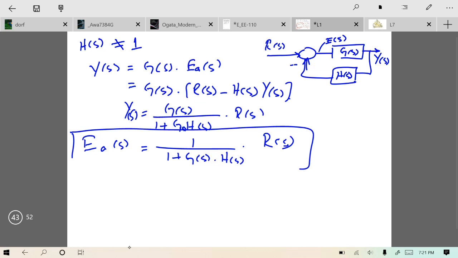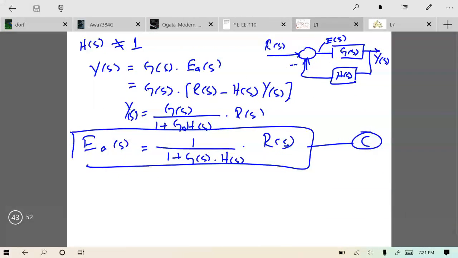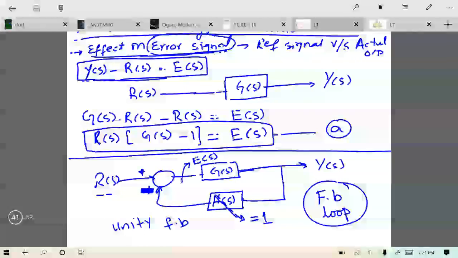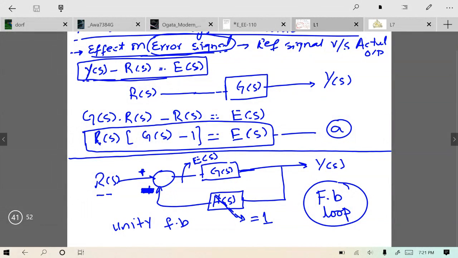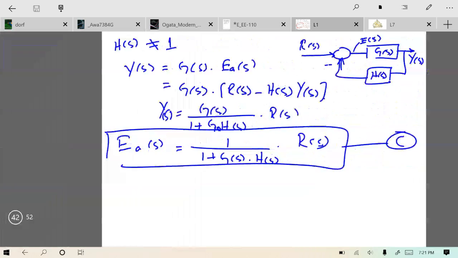If I compare these A, B, C equations, I can see by inspection that equation C has the minimum value of the error because the denominator factor is the largest of these three equations. In equation A I have no denominator. In equation B the denominator is 1 plus G of S, where H of S was equal to 1.